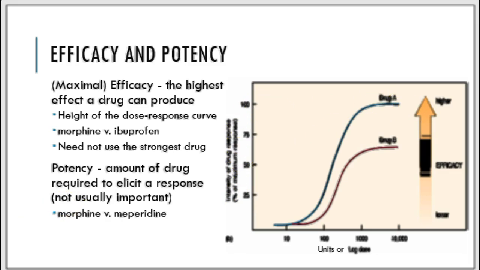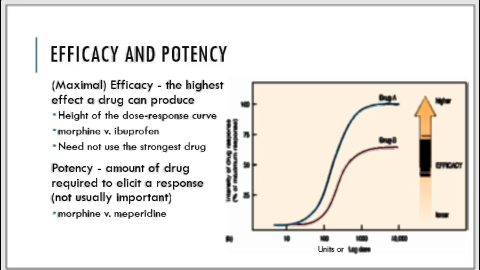If you think of ibuprofen as drug B, at 1,000 it hits a plateau, and drug B can only reach maybe 60% of maximum response. That's because we know morphine is a better pain medicine for severe pain than ibuprofen would be. So ibuprofen is effective up to 60 units, or 60% of the max response.